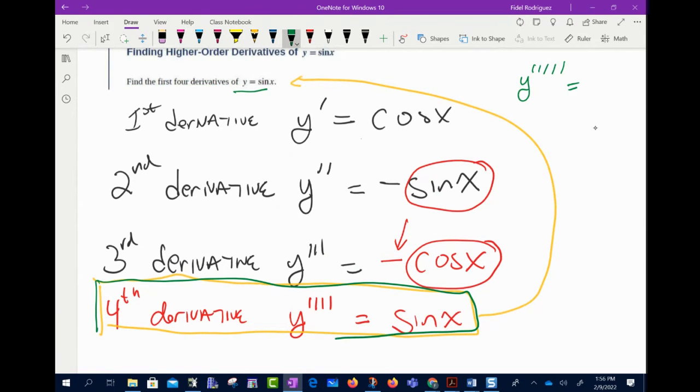If this is the fourth derivative, which is the same thing as the original function, wouldn't the fifth derivative be the same thing as the first one? And then wouldn't the sixth derivative be the same thing as the second one? And the seventh derivative would be the same thing as the third one, right? You see what I'm saying? Because we're going with that same pattern.